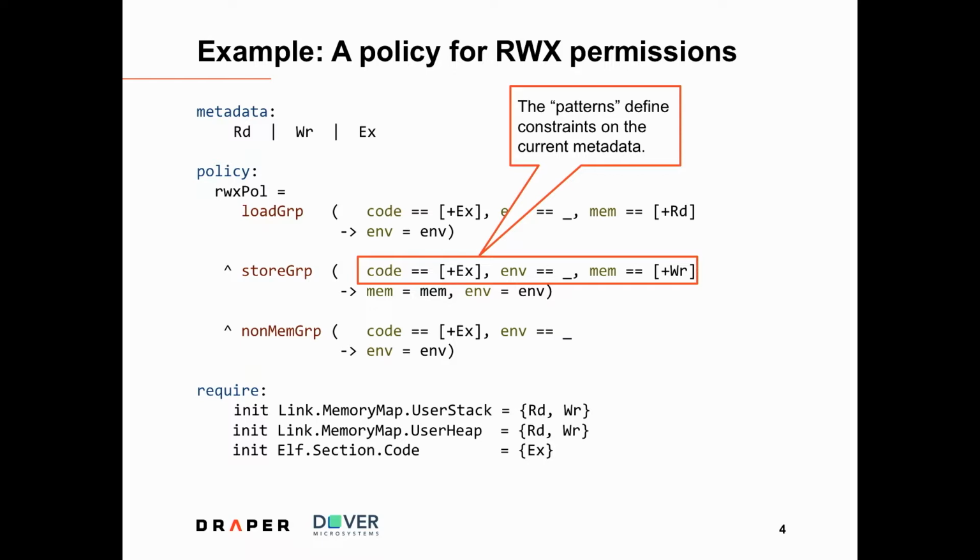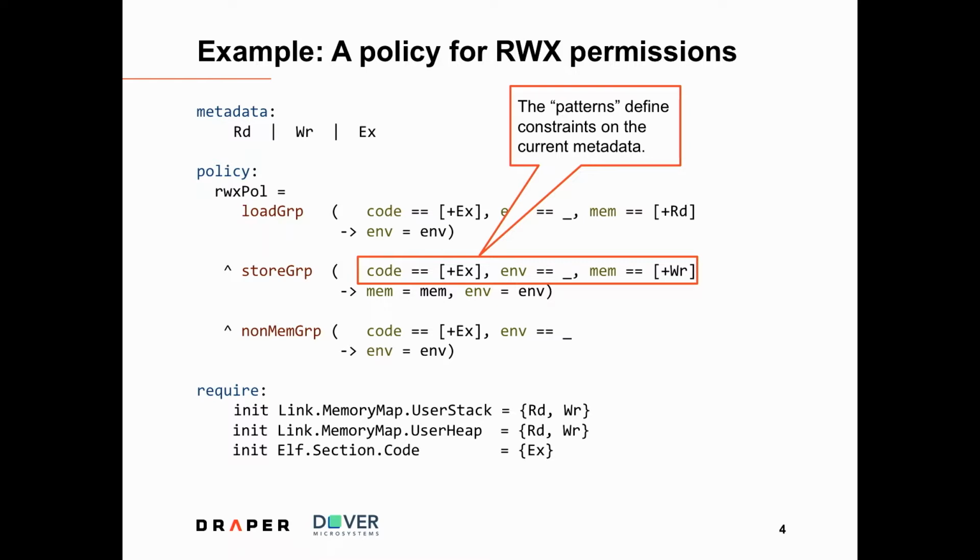So that square brackets plus X notation means in the metadata set associated with the memory holding the instruction, there should at least be this execute tag to indicate that this instruction is executable. And then the next part of this line describes a piece of metadata we call env, which is the metadata on the program counter register.